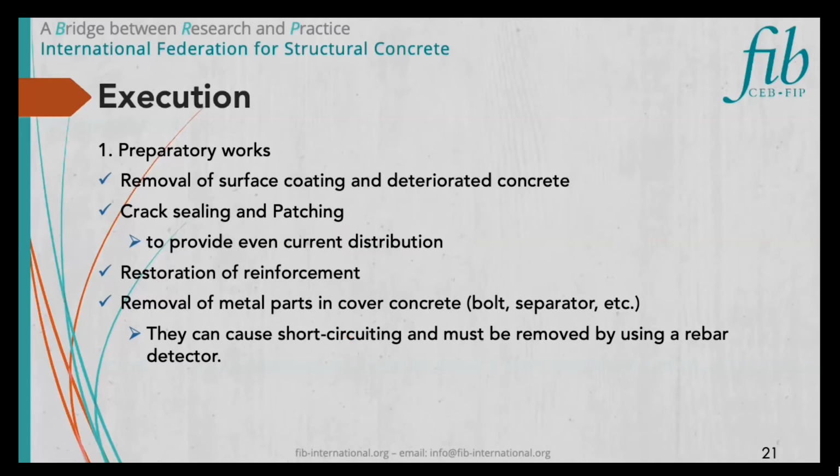Metal objects within the execution area, such as guardrails, water pipes, and so on, shall be temporarily welded to the rebar or shall be temporarily removed or shall be separated from the anode by more than 20 centimeters to avoid electrolytic corrosion.